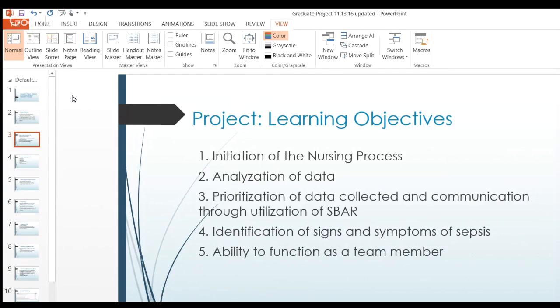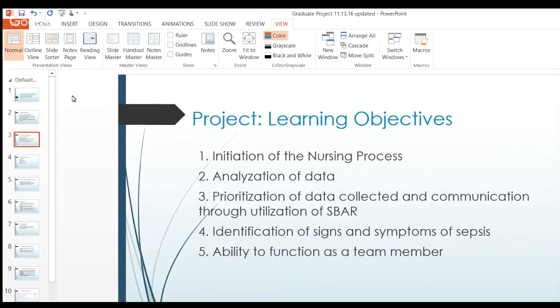When we look at the project learning objectives, we wanted the learners to initiate the nursing process through interviewing and completion of a focused physical assessment. We wanted them to analyze the data collected, evaluate laboratory values, and deduce correlation to the assessment findings.